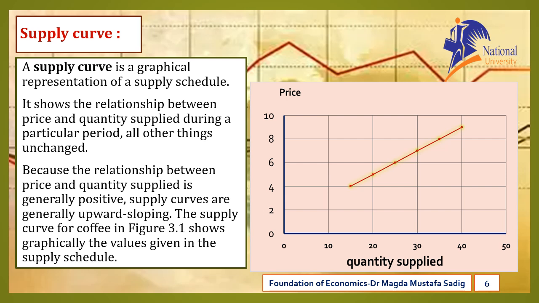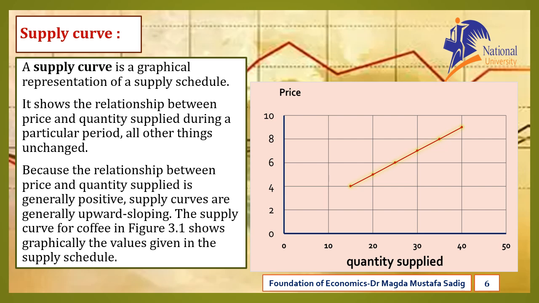So the supply curve only shows the effect of price on quantity supplied, holding everything else constant like technology, input cost, or government policy. If any of those factors change, the whole supply curve may shift, but that is a topic that we are going to discuss in the coming slides.